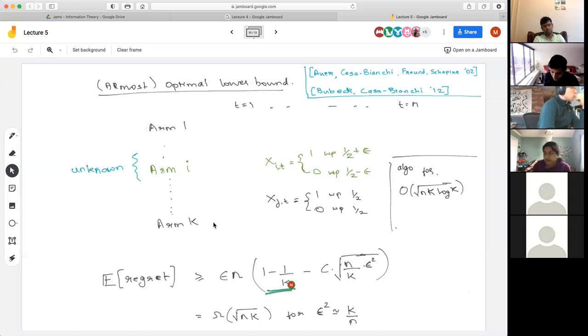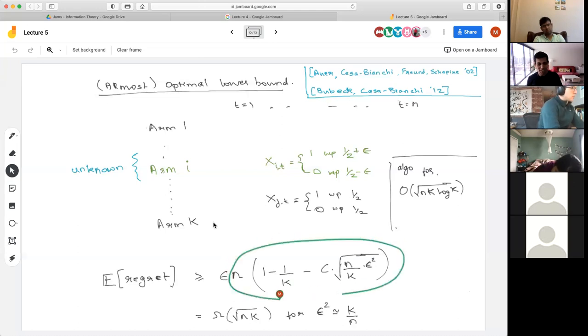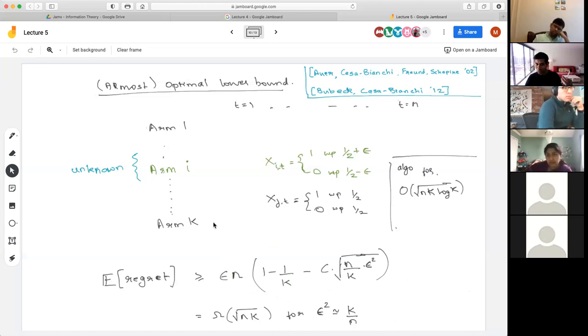Or if, out of your n choices, you guessed at random, about n times 1 minus 1 over k would be wrong choices. So this bound says that not only can't you find this arm, you make the same number of mistakes over n choices as if you were just picking things at random. We'll make this more concrete in a toy example, showing this for a simpler case. Okay. Any questions?